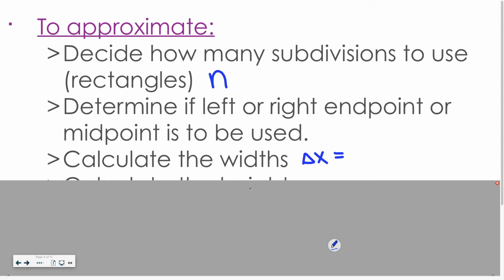Okay. You're going to be given an interval. All right, so you need to take the interval and figure out how wide the interval is and split that up amongst your rectangles. So you're going to take your endpoints and subtract them so you know how wide your interval is, and then divide it by n, the number of rectangles.